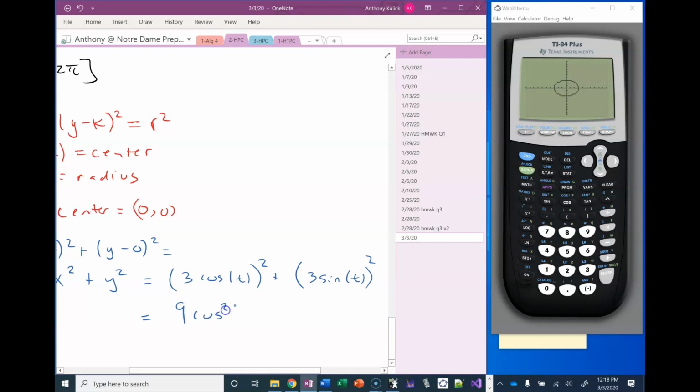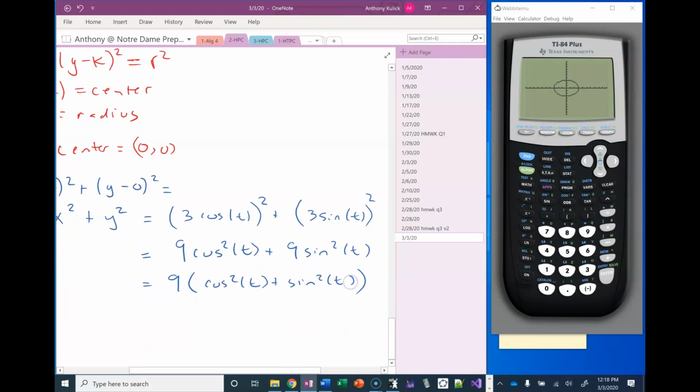That gives me 9 cosine squared t. And what is 3 sine t squared? It's 9 sine squared t. And if I factor a 9 off, I'm left with 9 times cosine squared t plus sine squared t.